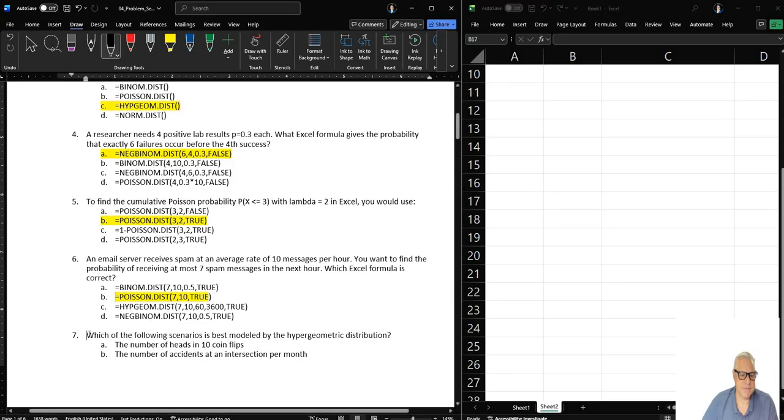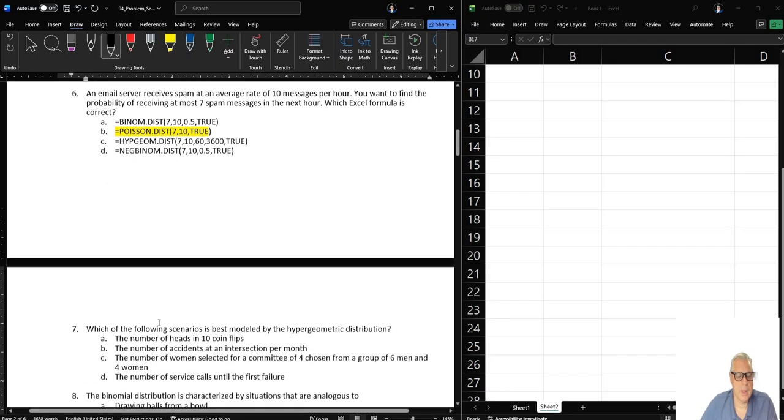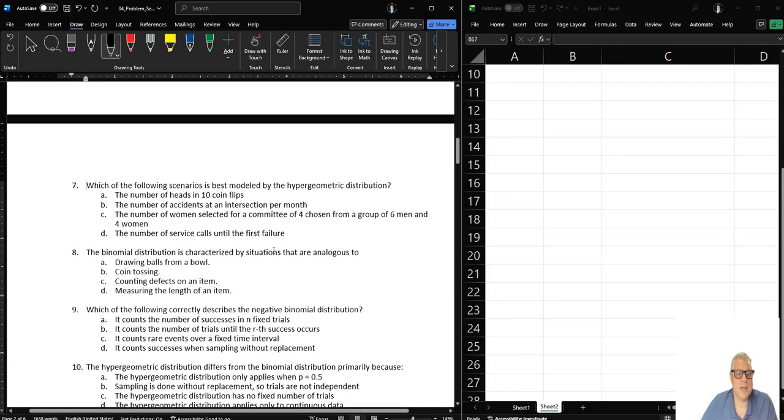Okay, 7. Which of the following scenarios is best modeled by the hypergeometric distribution? The number of heads in 10 coin flips. No, that would be the binomial. The number of accidents at an intersection per month.